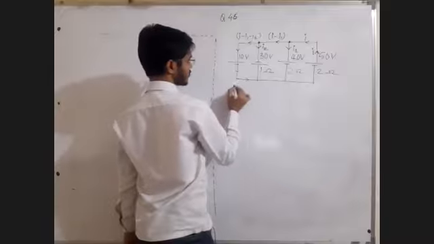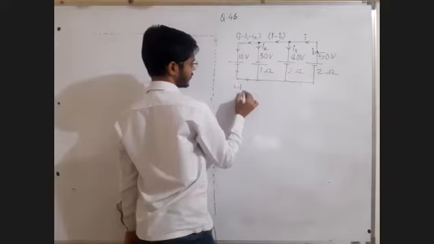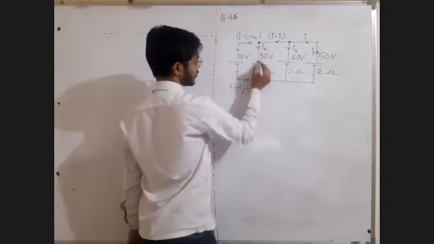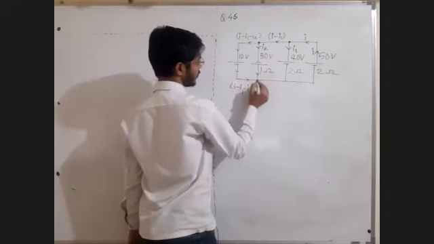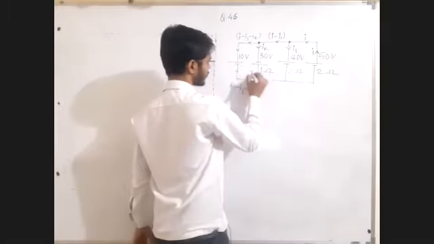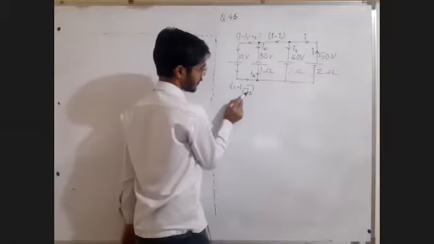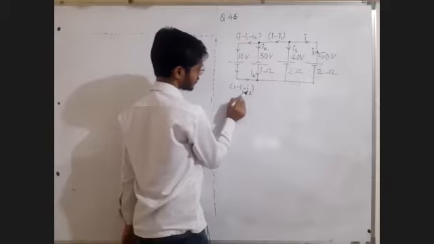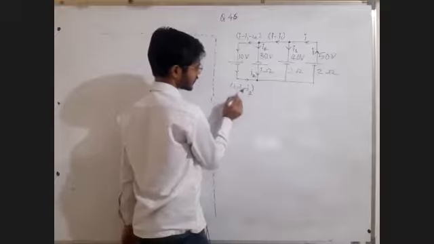Now this current is I minus I1 minus I2, and from this branch I2 is again combining with this current. So I2 minus I2 will get cancelled, and the answer will remain I minus I1.